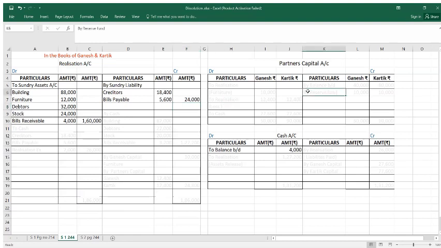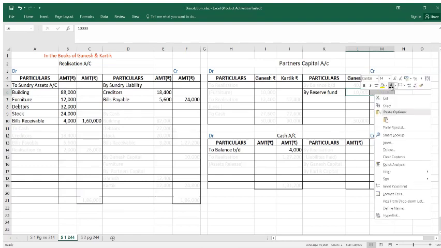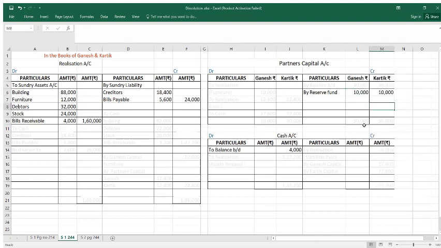So the ledger posting in partners capital account, you have to write down general reserve, and the amount of general reserve fund is 20,000 and the ratio is 1:1 equally. So 20,000 should be distributed among the partners in equal ratio. So the reserve fund will be 10,000 for Ganesh and 10,000 for Karthik.